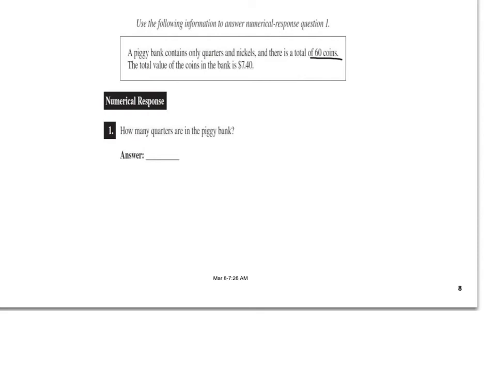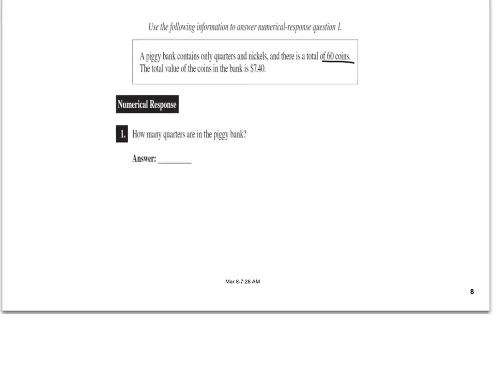This is going to get a little messy, so bear with me. The equation will become n equals 60 minus q. All we do is subtract q from both sides to get n on its own. And now we're going to take all of this and substitute it in where you see that n.